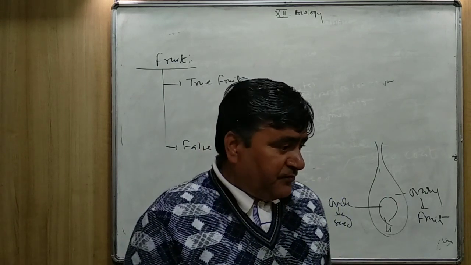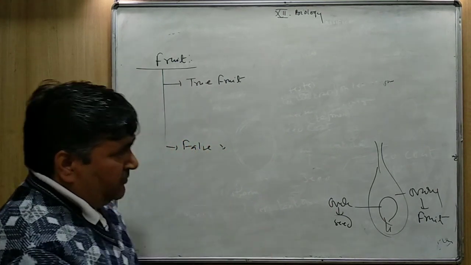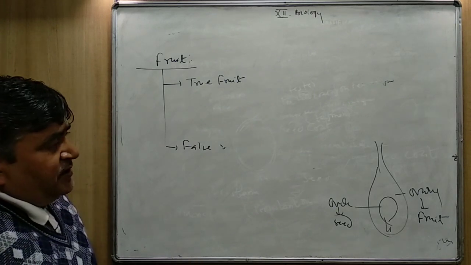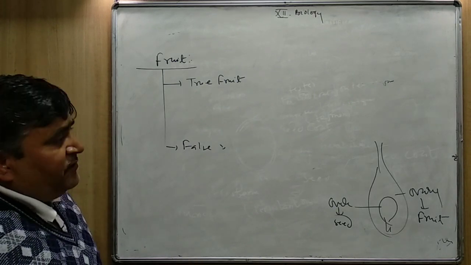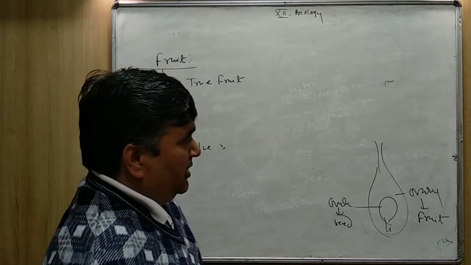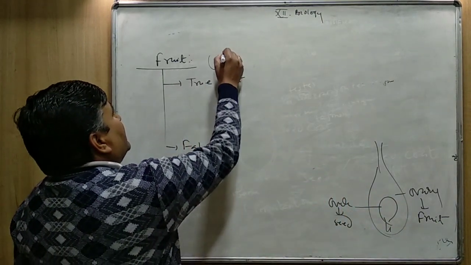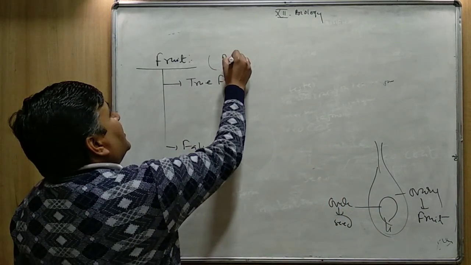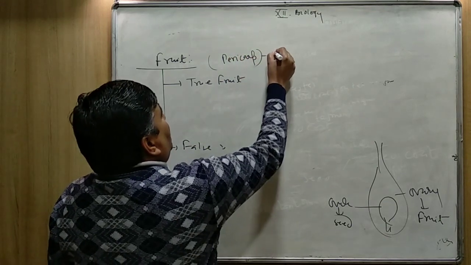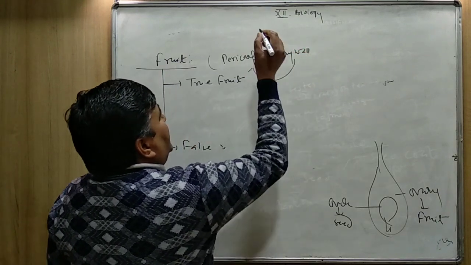The ovary is transformed into the fruit after fertilization. The ovary wall, the fruit wall, is known as pericarp. It is the ovary wall, it is converted into the pericarp.